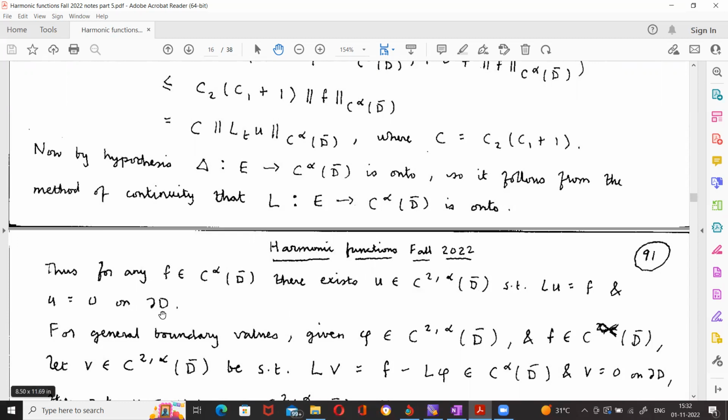Now, what we want to do is solve for general boundary values. Since we've solved for homogeneous boundary values, then solving for inhomogeneous, you do in the usual way.